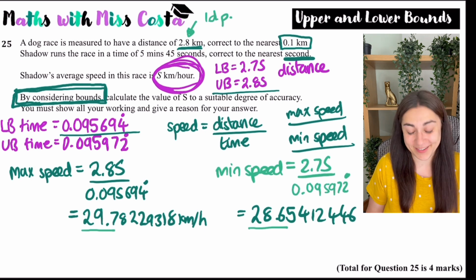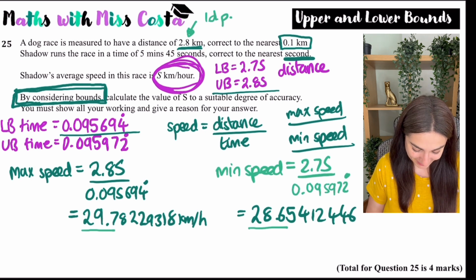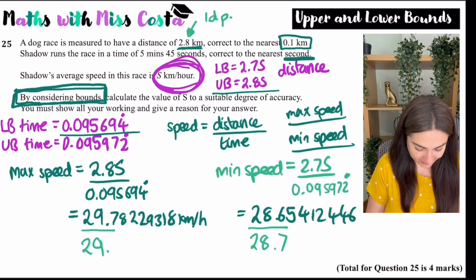It would be very nice if they rounded to one decimal place. If I rounded it to one decimal place, that would be 28.7, and this would be 29.8. If I rounded it to the nearest whole number, that would be 29, and that would be 30.